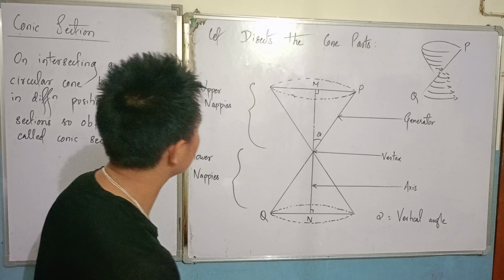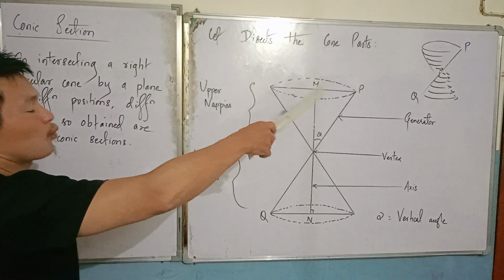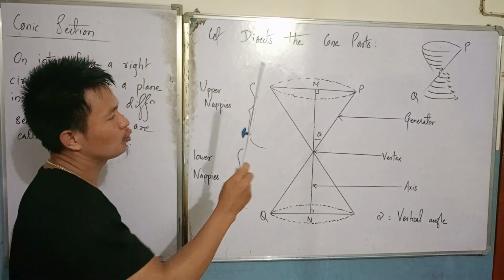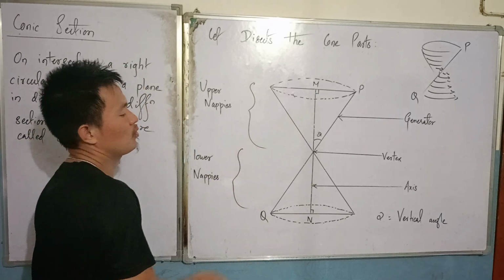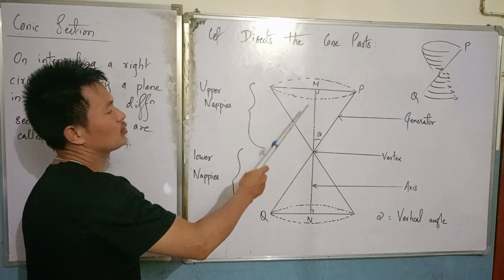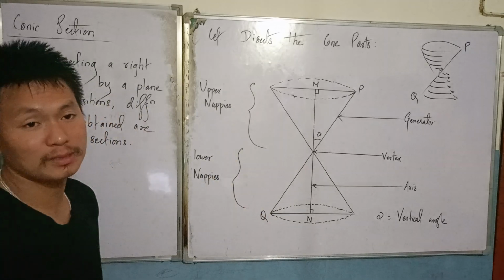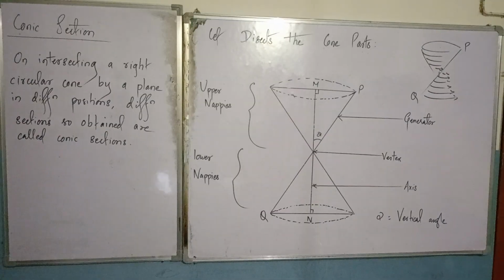Because of the generator, when it is whirled in one direction, two nappes are formed, the upper cone and the lower cone. The upper cone is known as the upper nappe, and the lower cone is known as the lower nappe. There's nothing more than that. It's very easy to simplify things.